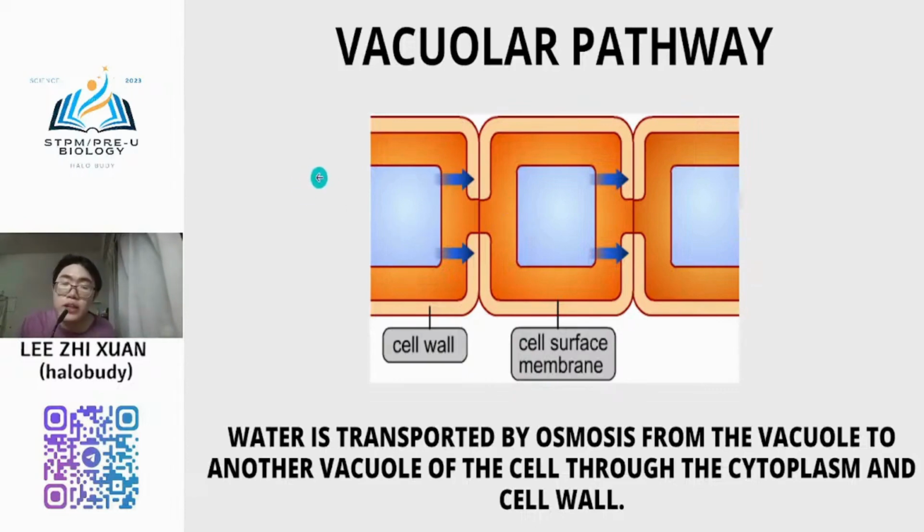When the water enters the cell, it will go directly to the vacuole, then the water molecule will diffuse out from the vacuole and move to another cell and enter the vacuole again. It will also pass through the cytoplasm, but the main pathway of this water molecule is not through the cytoplasm but through the vacuole. It continues like this until it reaches the root xylem.